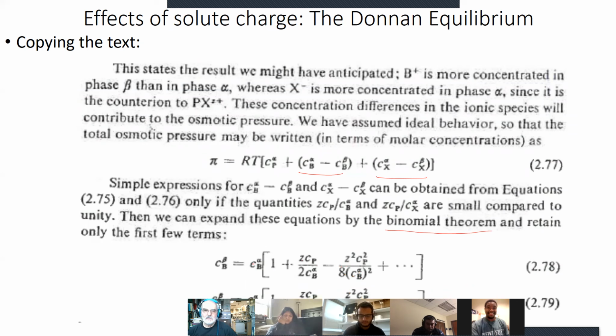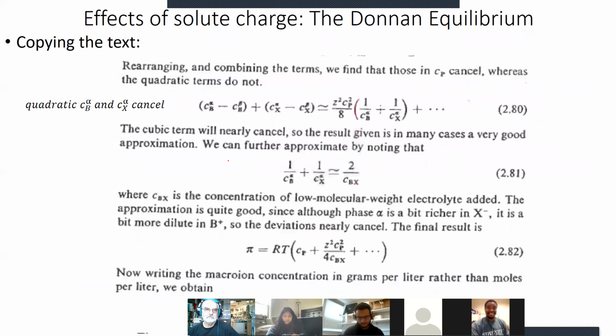Notice when you multiply this through and rearrange, this CB alpha squared is only CB alpha to the first power, and CX alpha squared is actually CX alpha to the first power. So that will cancel when you combine all these terms. And so you'll have these two differences, and you'll have this Z squared CP squared divided by 8. And then you break it up into two terms where you can combine 1 over CB alpha, 1 over CX alpha.